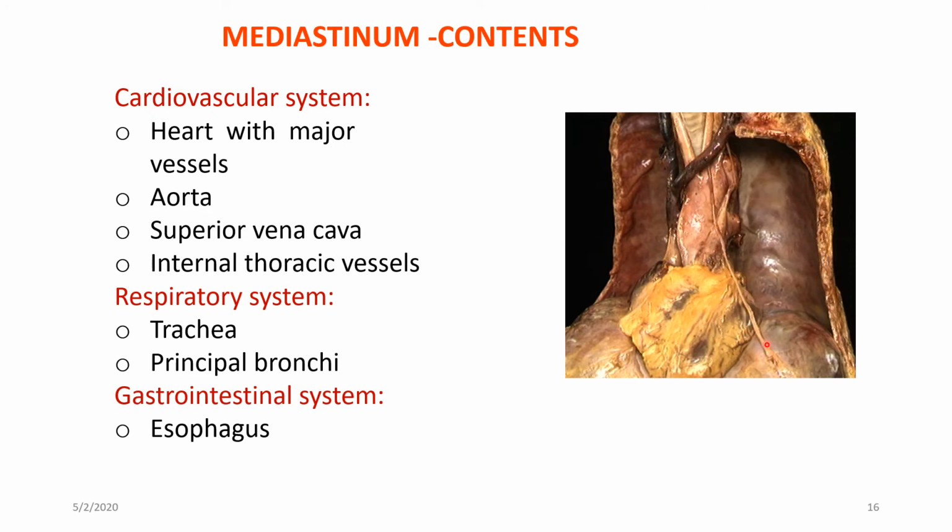This is the phrenic nerve, which supplies the diaphragm. It is also a content of mediastinum. And you are seeing one more nerve coming here. This is the recurrent laryngeal nerve, left recurrent laryngeal nerve you are seeing.